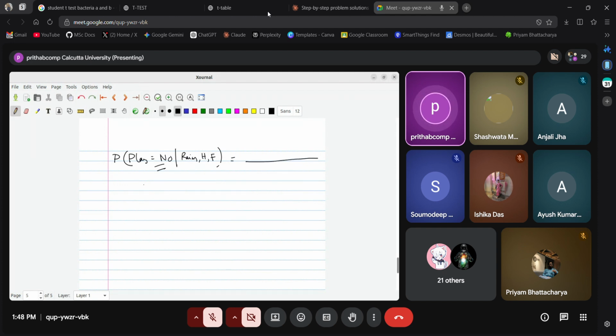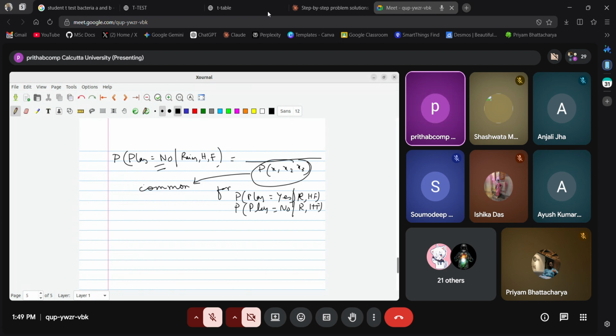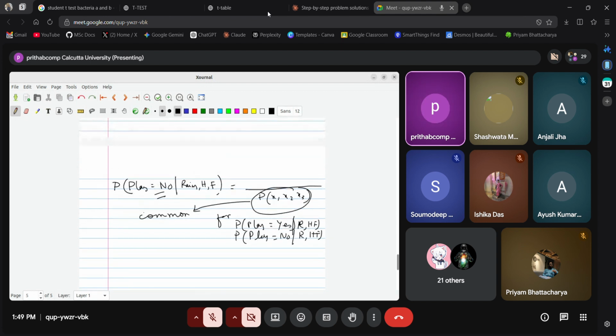So here also what we'll find below is that x1, x2, x3. So this part is going to remain common for play equal to yes, given rain, H and F, and play equal to no, given RHF. So that is why it doesn't make sense to compute it.